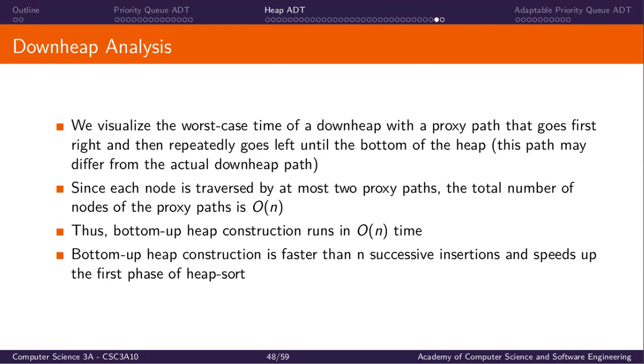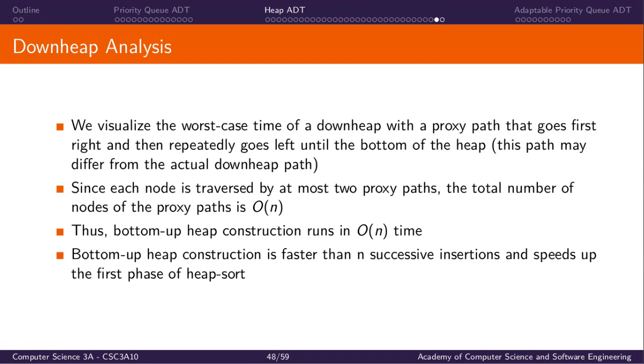And remember, the whole point is that we're trying to use this priority queue to sort a sequence of elements. We would empty that sequence into our priority queue and then call remove min n times to get the proper sorted order of it.